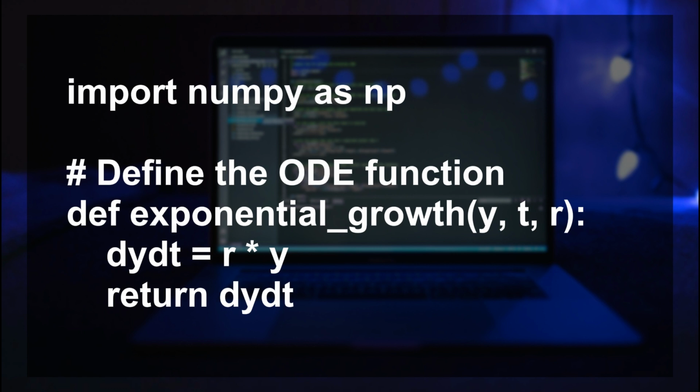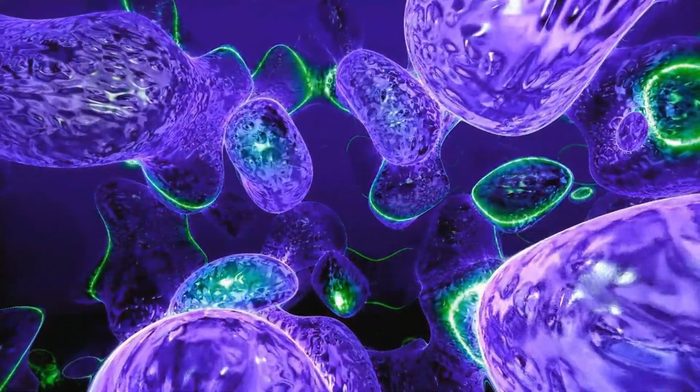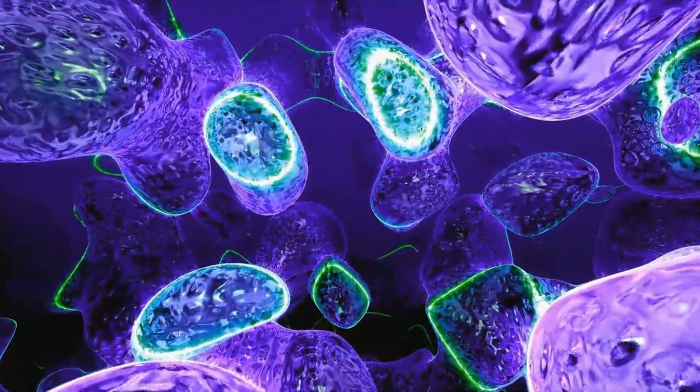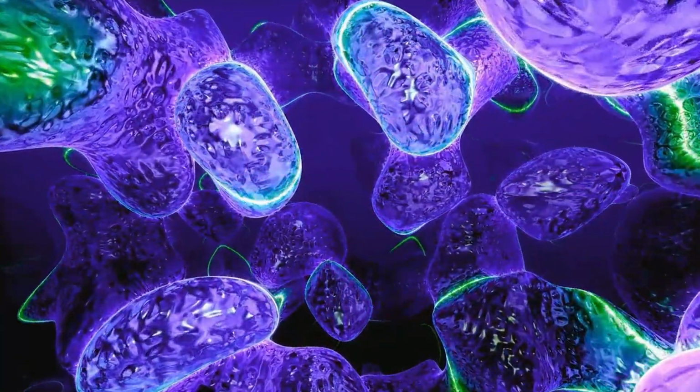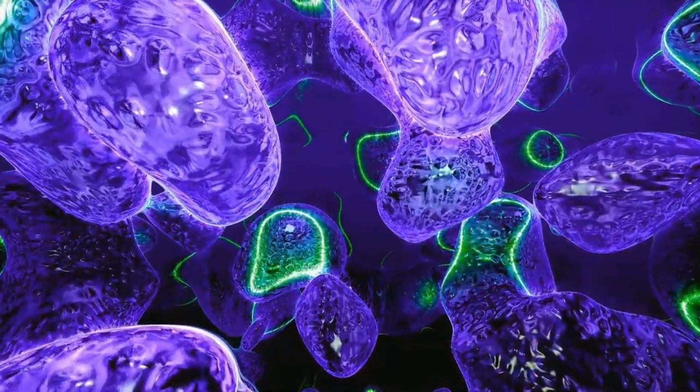Whenever you want to write multiplication in a computer, don't use the multiplication symbol as x. We generally write r star y, multiplying r with y, and then we return dy/dt. With this, you can predict how fast your pet bacteria will take over your fridge.